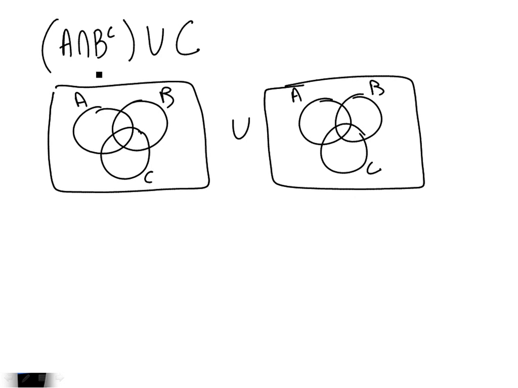So A intersection B complement, we just did that. It is this part here. And now this is the union of these two things. The union means put these two things together.